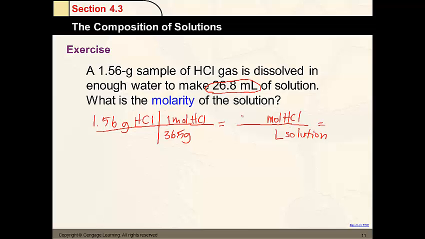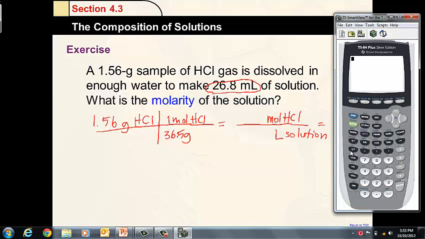So we'll do a quick calculation here. We have 1.56 divided by 36.5, and that's going to give us 0.0427 moles.